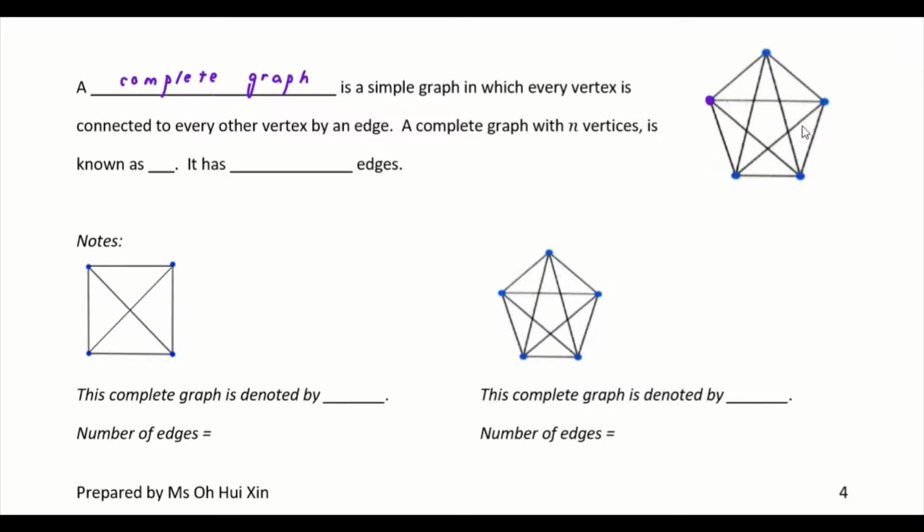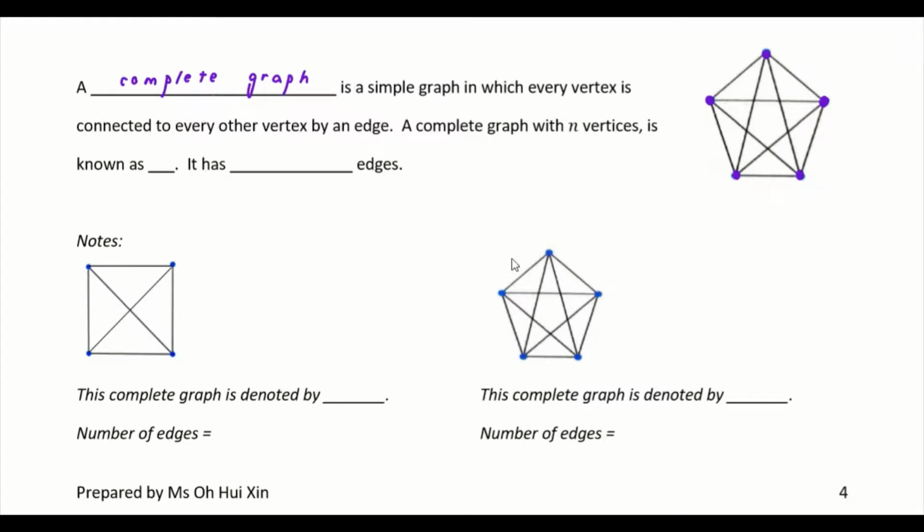Is that okay? So the same thing when you look at this, it's directly connected, or adjacent, to all the other vertices that you can see in the graph itself. No matter which vertex you are checking, you should be able to reach the other vertices by only one edge, which means all of them are adjacent.